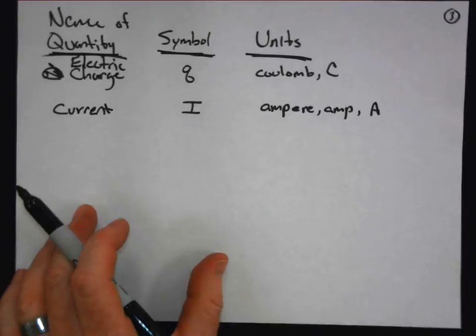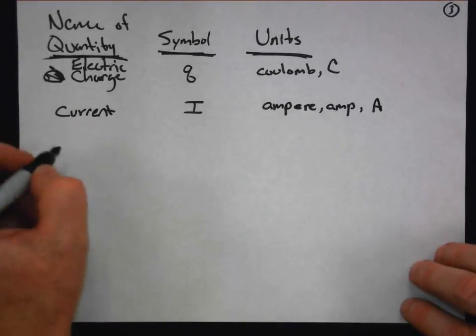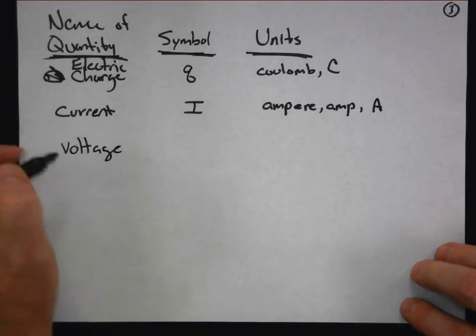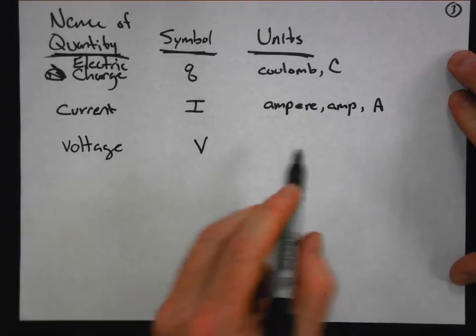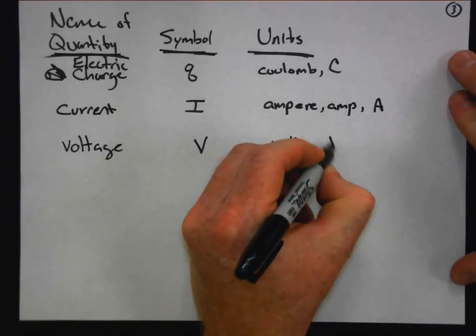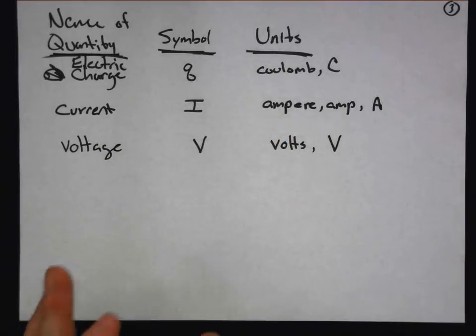We have seen voltage. Okay, so let's throw that on the list. Voltage, symbol is a capital V. And the units are volts, and the abbreviation is a capital V. That's a little strange right there, but okay, go with it. Not hard to deal with, right?